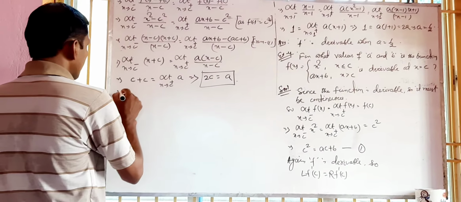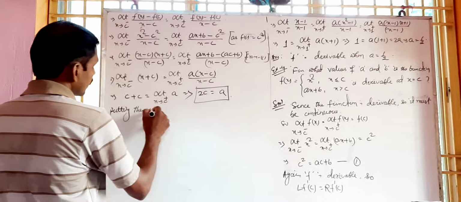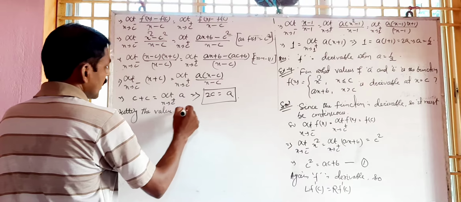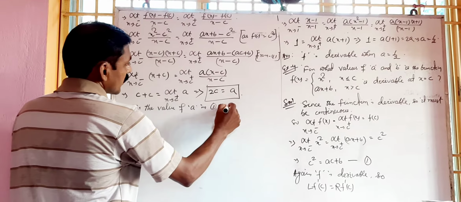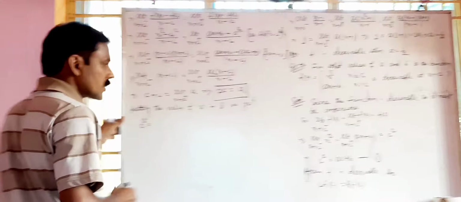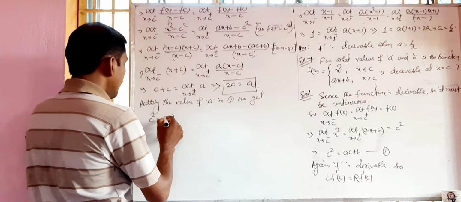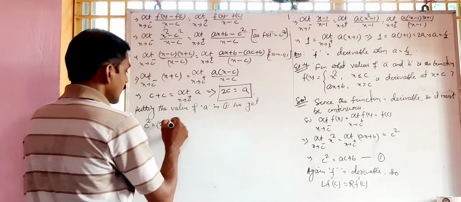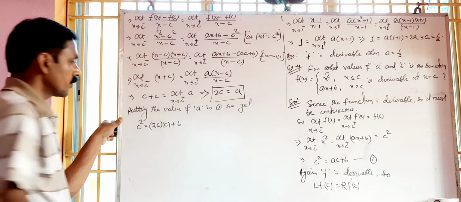Putting the value of a in 1, we get c square equal to ac, and a is 2c, so 2c into c plus b.